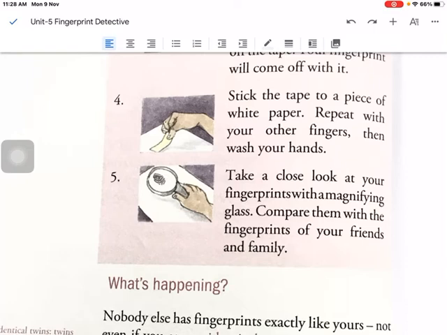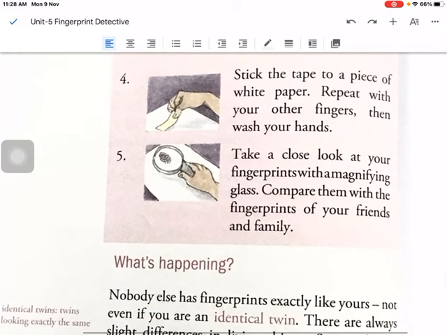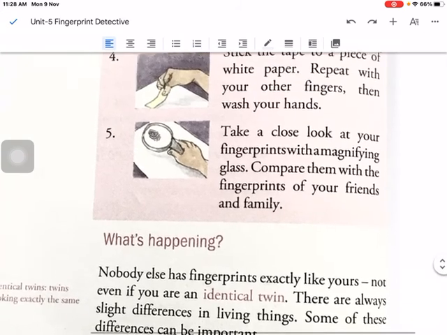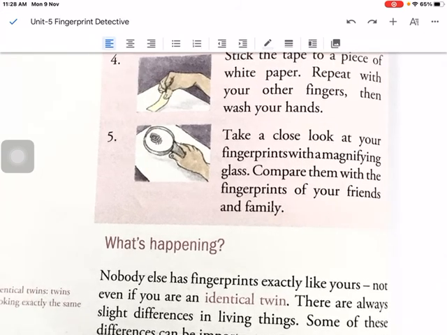When we do this experiment we will come to know that our fingerprints don't match with our family members, or even with our friends, with anybody. This is natural. Okay, so these are the five steps that we have to do to find out the fingerprints.